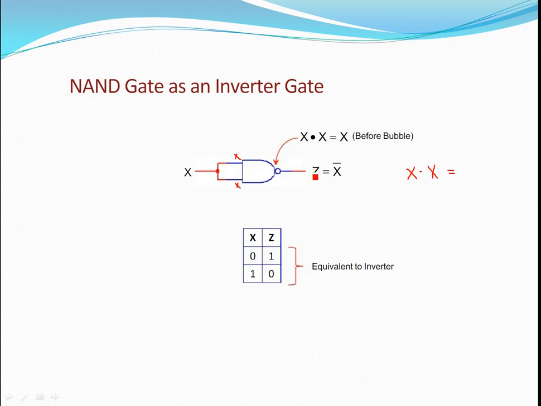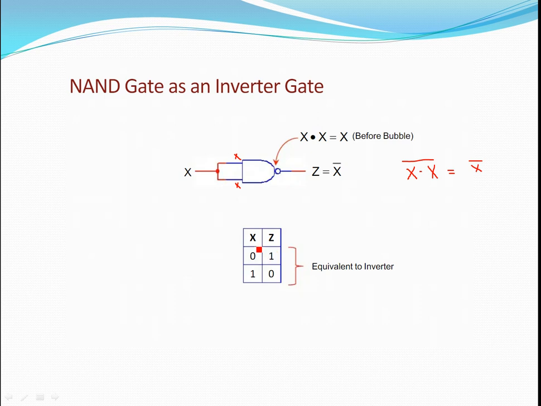So the NAND gate expression is Z equals X dot X whole bar. Already you know that X dot X is nothing but X only. So now the output is X bar.